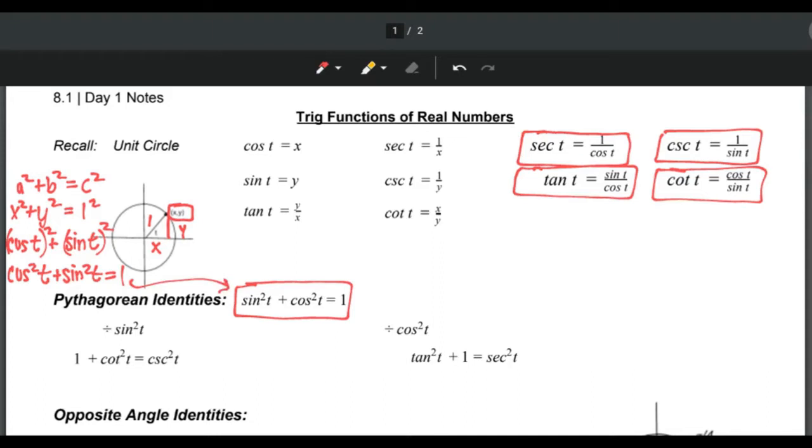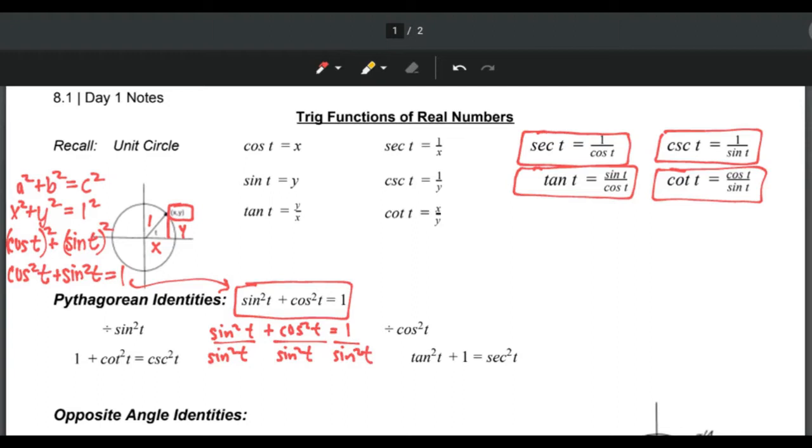An identity is an equation, or basically a formula, that we know holds true for all values of t, no matter if they're positive or negative. So if we were to take this identity that we already know is true, sine squared plus cosine squared equals 1, and divide it all by sine squared of t, we could reduce, and we know that sine squared over sine squared would give us 1.